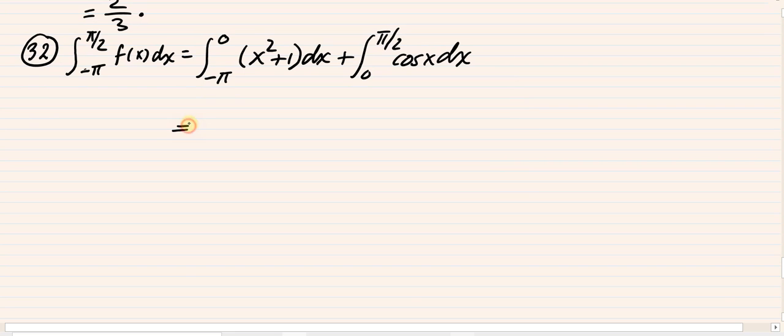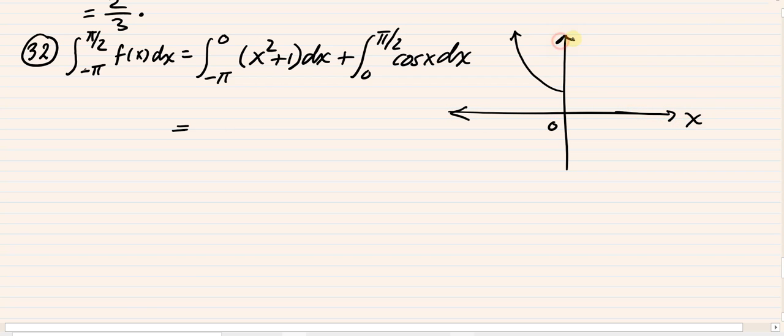You can graph these and you don't have to, but you could and see what's going on. This isn't complicated to do, right? x squared plus 1 looks like that, but this is only good for this portion of the parabola. That's for x less than 0, right? And for the positive piece it follows cosine, at x is 0. There you go.